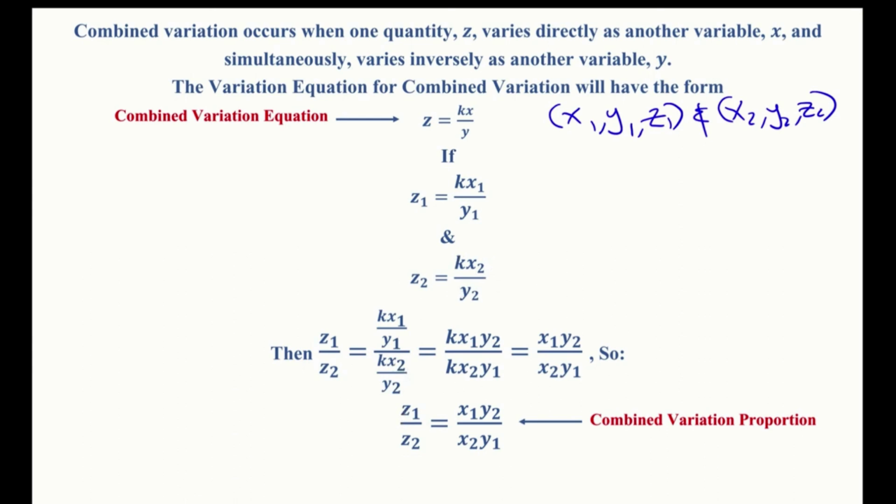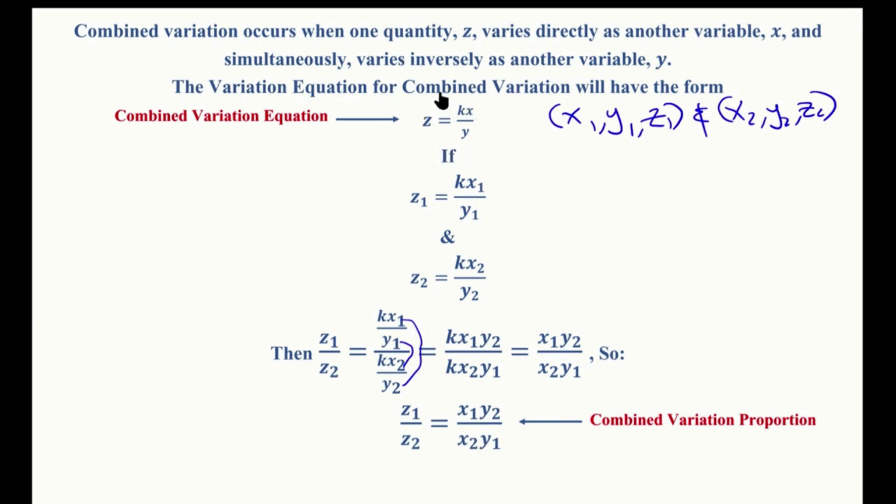Then we do the outer product over the inner product trick. So we get KX1 Y2 over KX2 Y1. So the K's cancel out, and we get X1 Y2 over X2 Y1. So it's a very nice proportion that we'll end up with at the end, which is this: Z1 over Z2 equals X1 Y2 over X2 Y1.